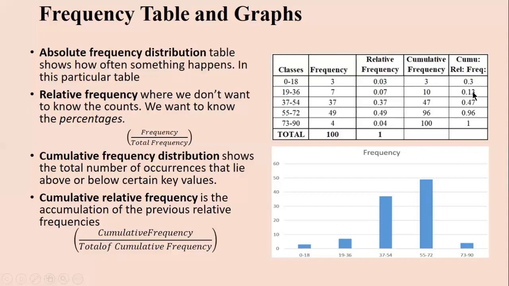So 10% of observations belong to the first two classes, and when the third class comes in, it makes 47 observations. So 47 divided by 100 makes 0.47. It means in total 47% of observations belong to the first three classes, and so on and so forth. And obviously the last group will have 100% of the observations.